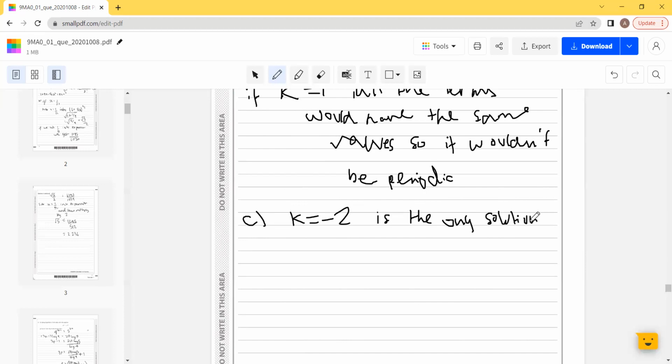So now what can we do to find the sum? Well, we can figure out the first few terms. a1 is still 2.